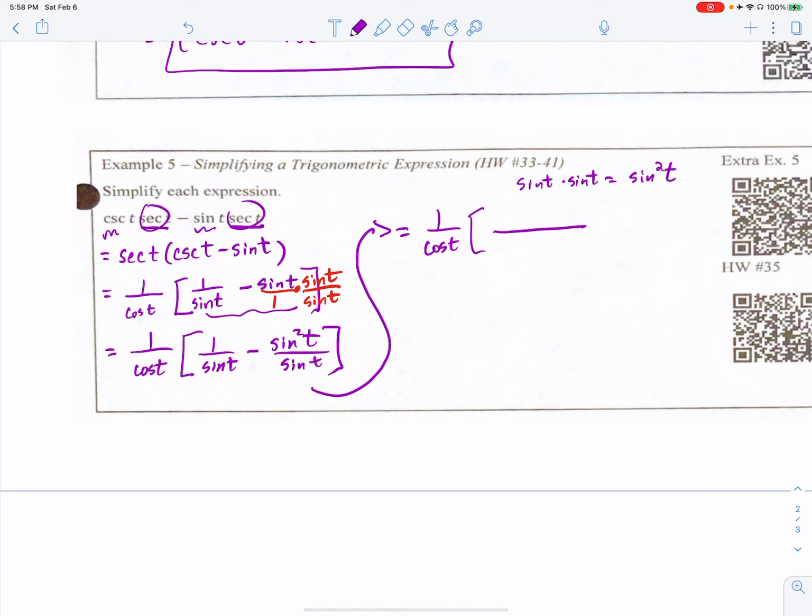Now I have two fractions that have the same denominator, so I can write it all over sine t, and I have a 1 minus sine squared t. And this 1 minus sine squared t is something you're going to want to be very familiar with in terms of Pythagorean identities.